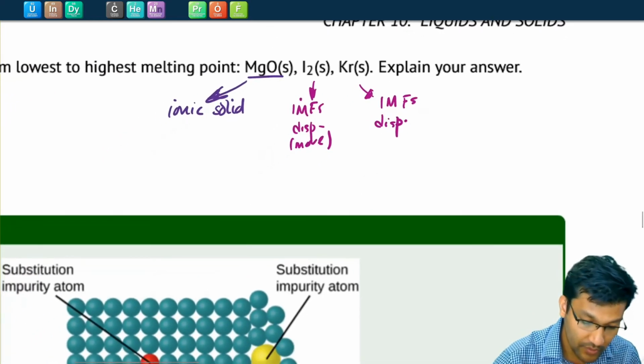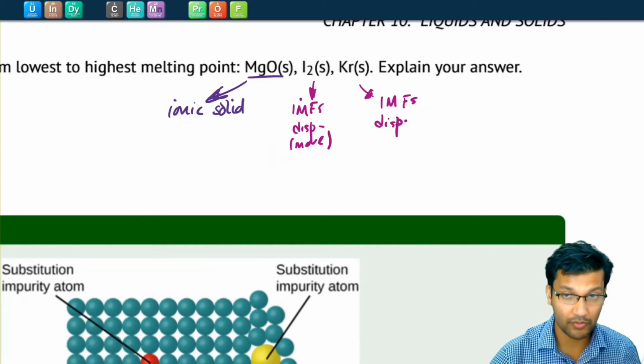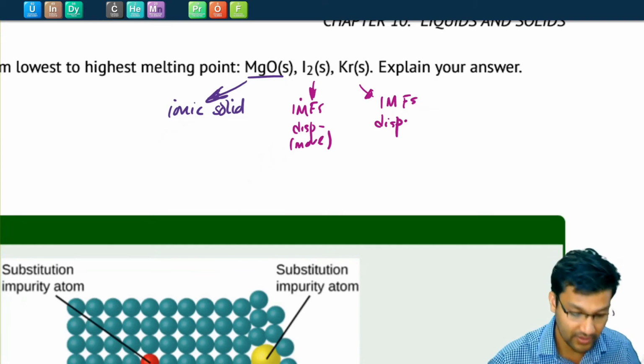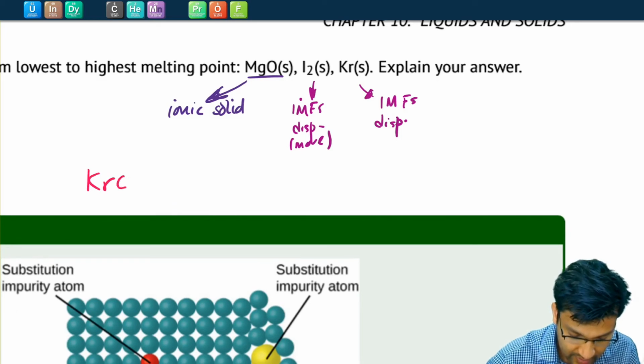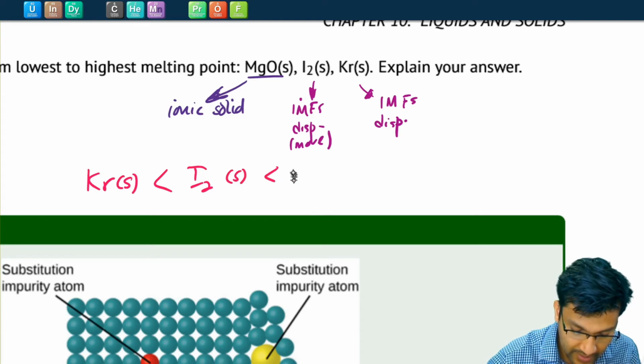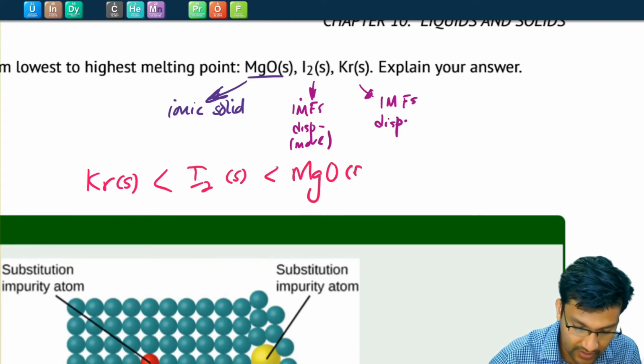So the one with the weakest bonds will have the lowest melting point. Remember, to melt it, you need to break those bonds in the solid. So the lowest melting point, I would say, would be krypton, followed by I2, followed by MgO solid, based off of the types of solids that they are and the types of bonds that they have.